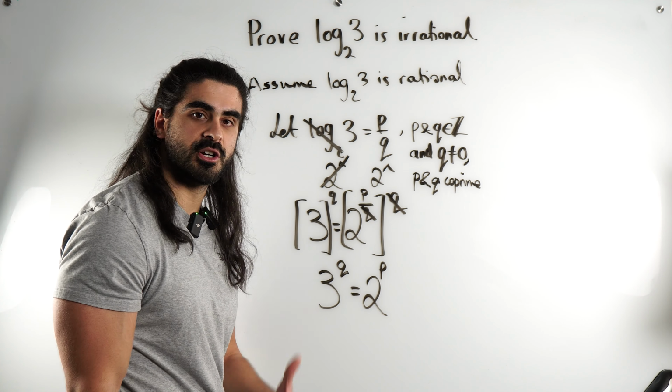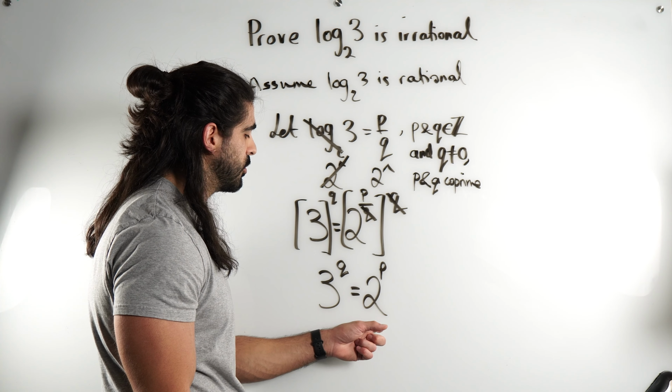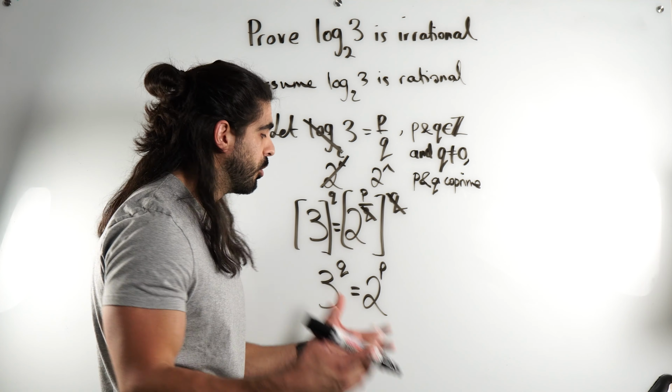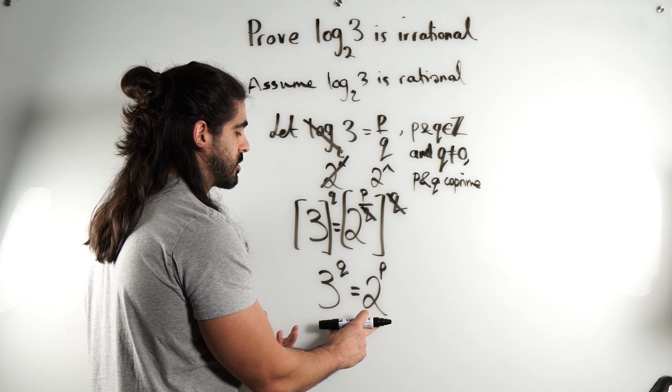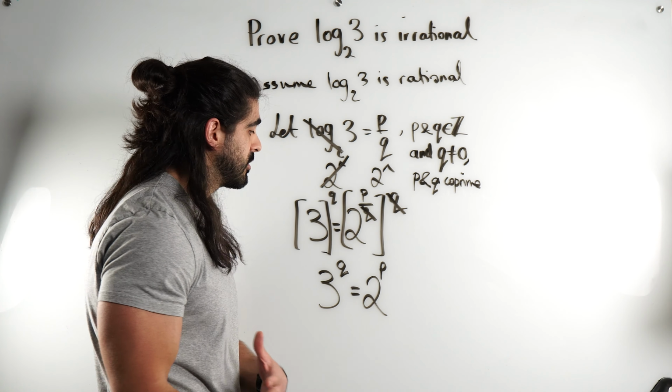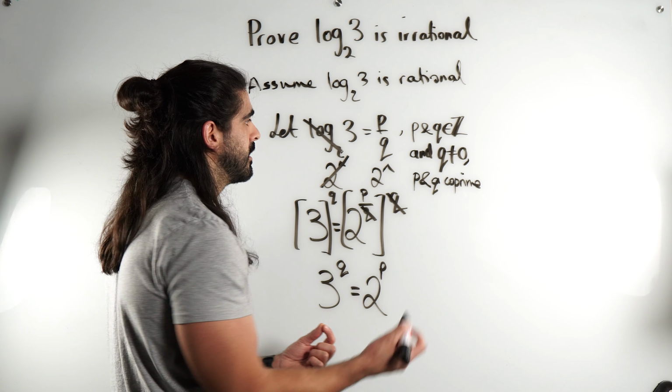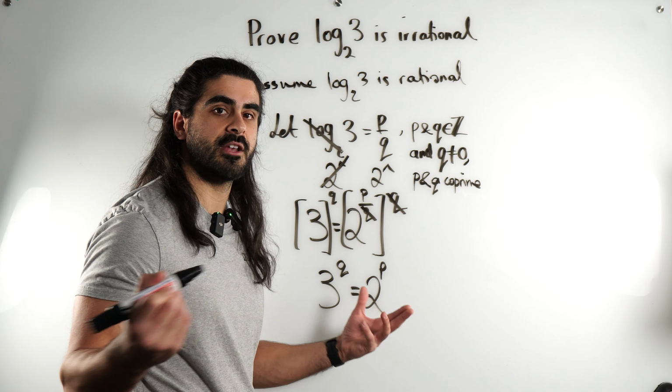Now there's many ways you can conclude this. Powers of 2 are always even, powers of 3 are always odd, or you can literally just say the numbers 2 and 3 are co-prime, so the only solution to this is q and p being 0, which doesn't make sense because q cannot be 0.